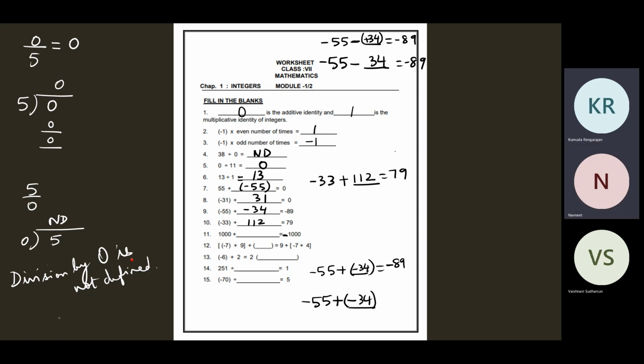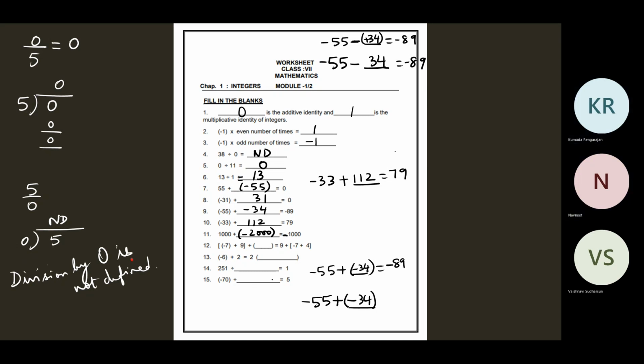Minus 1000 it is. Ma'am, the answer is bracket minus 2000. Okay. Is this your answer, Anirudh? Same, ma'am. Very good. Both of you are right.